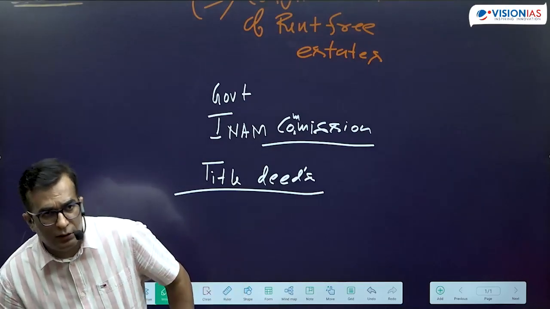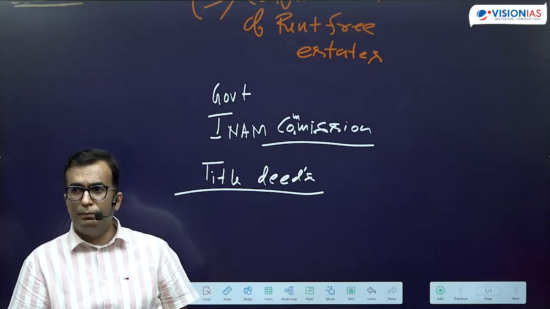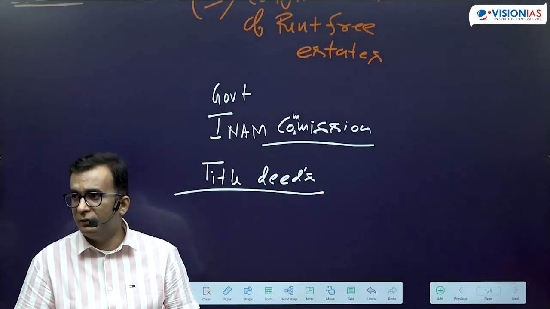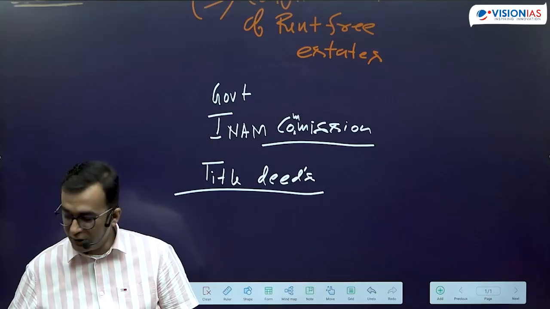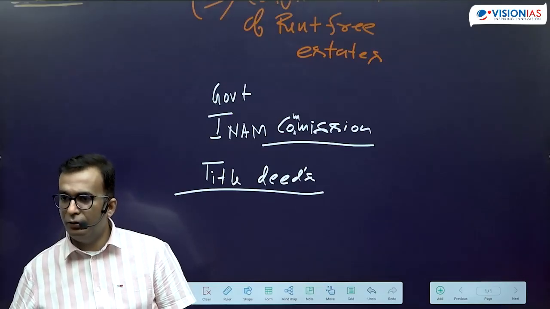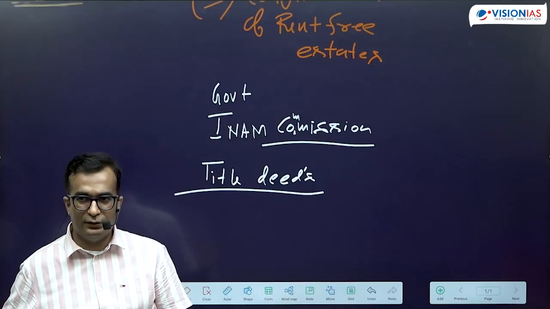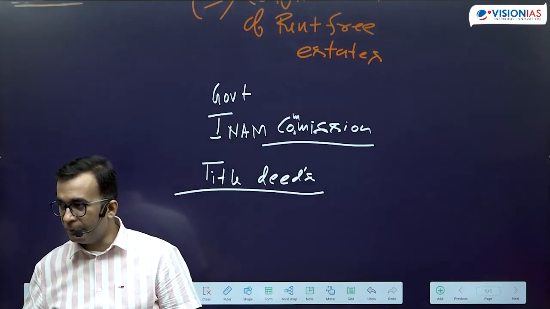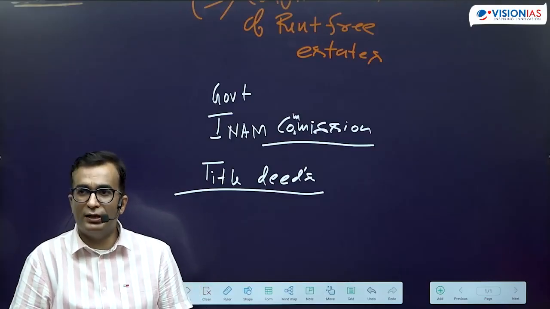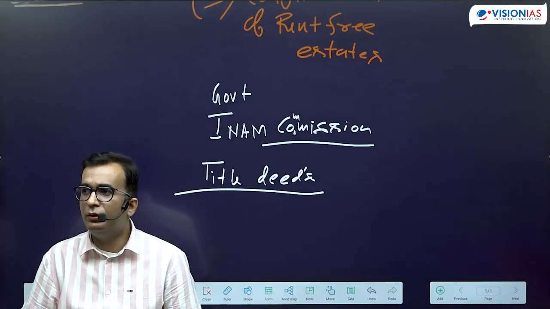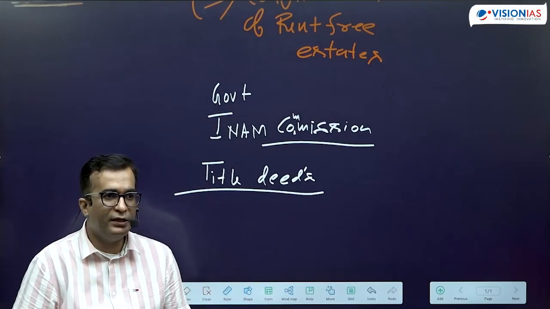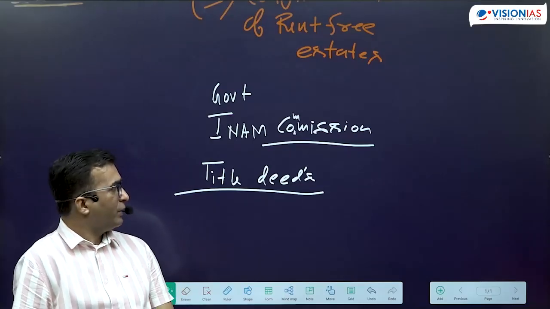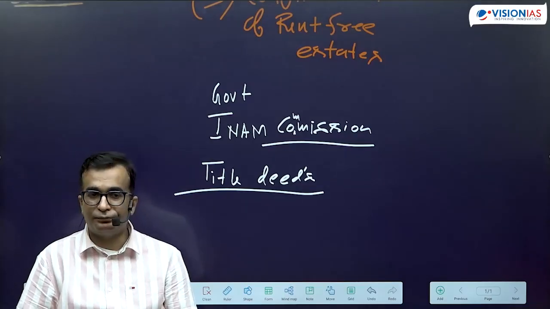Commission passed its judgment that all the 21,000 rent-free states must be confiscated.